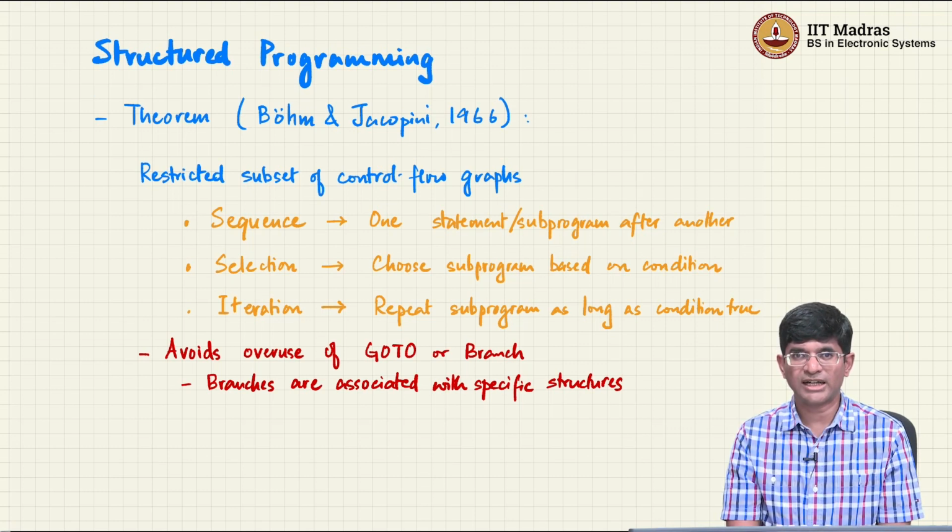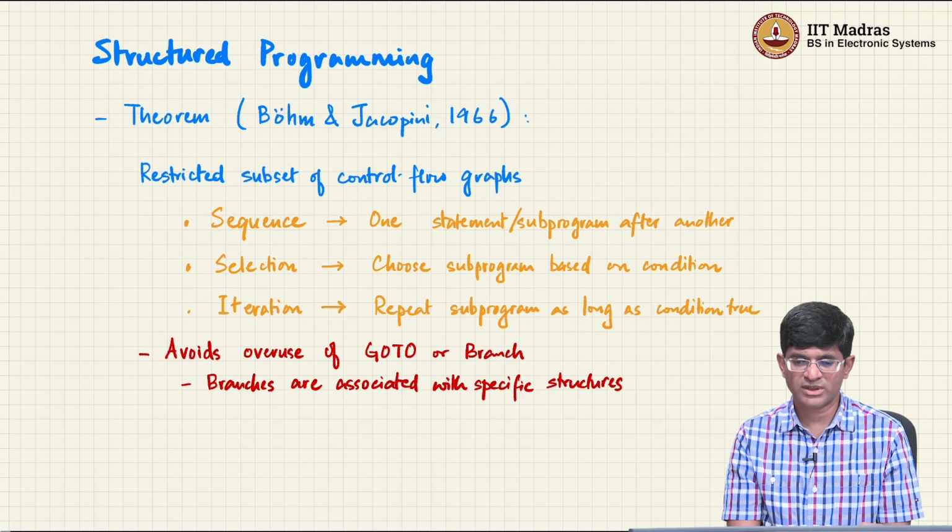A control flow graph is essentially something like a flowchart, which basically says there are certain computations or tasks that need to be performed, and there are connections between them which specify the order in which those tasks need to be performed. A flowchart is a restricted or specific subset of a type of control flow graph.